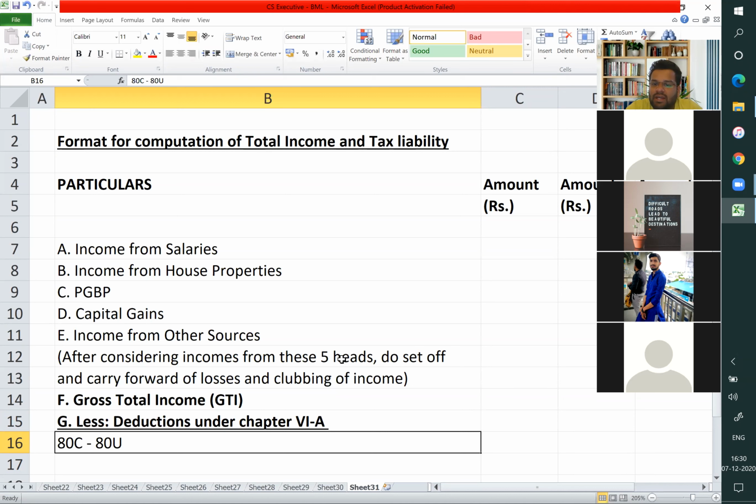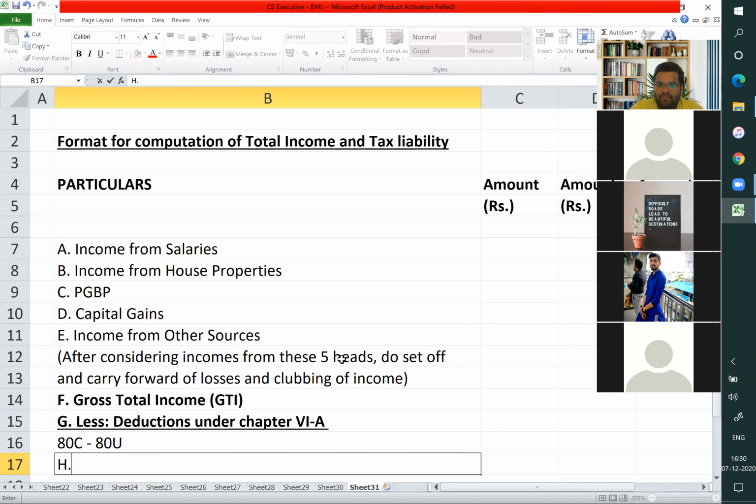And then the figure which I get will be called what? Can you tell me? The figure which I get will be called total income. So total income means nothing but taxable income.